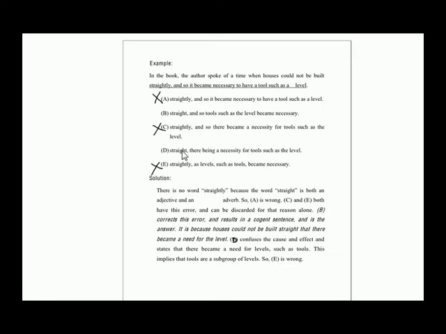Let's do the same with D. In the book, the author spoke of a time when houses could not be built straight, there being a necessity for tools such as the level. Now this seems to be saying that tools are a subset of level, whereas level is actually a type of tool. So this is confusing, and hence B is the correct answer.